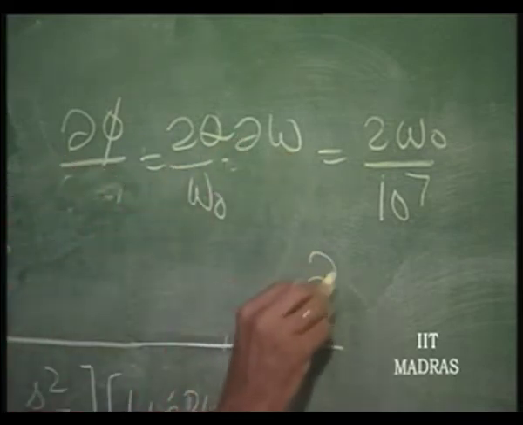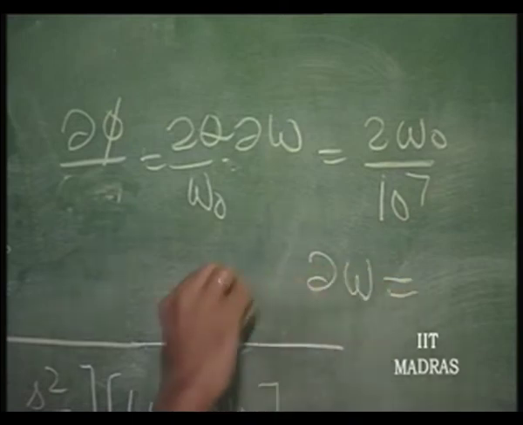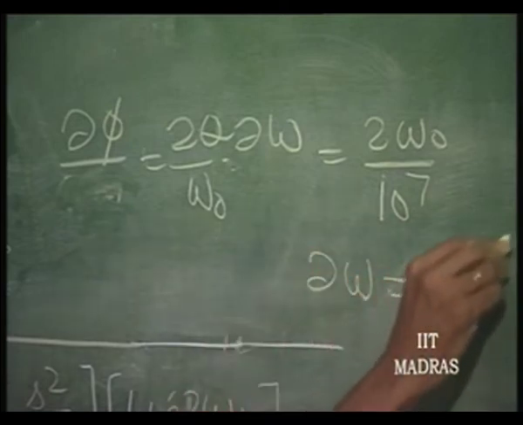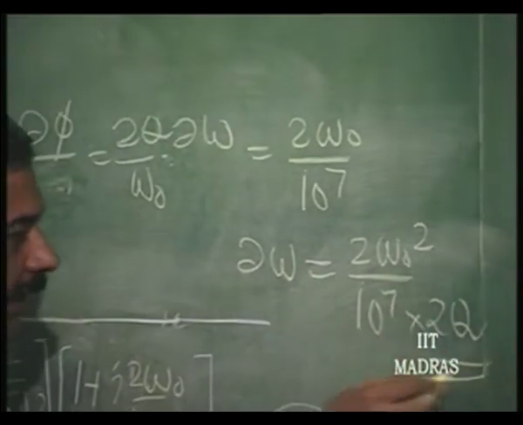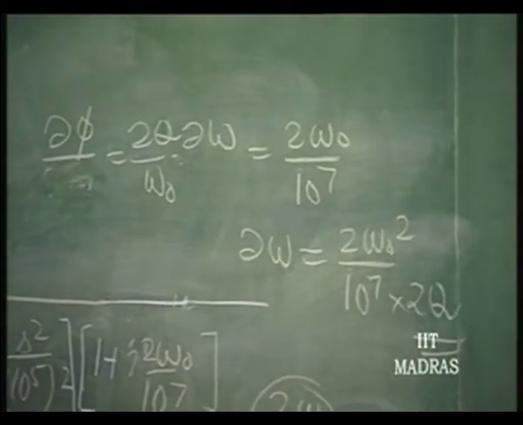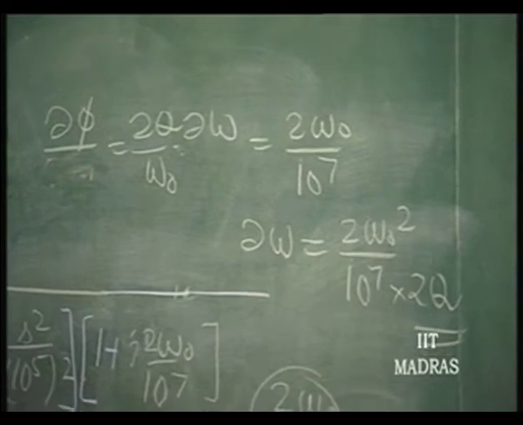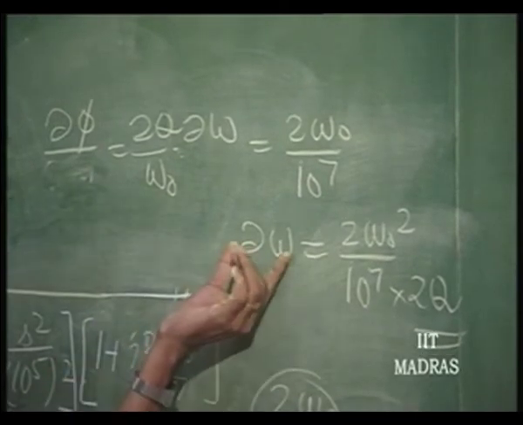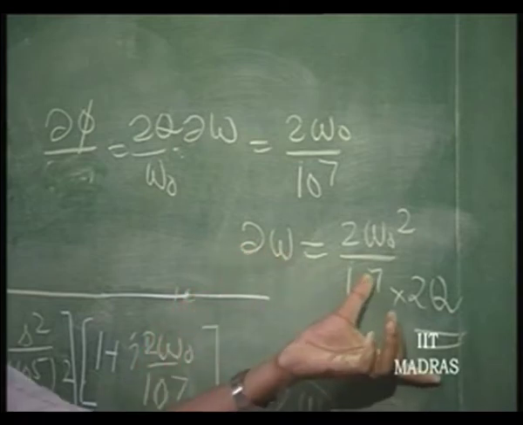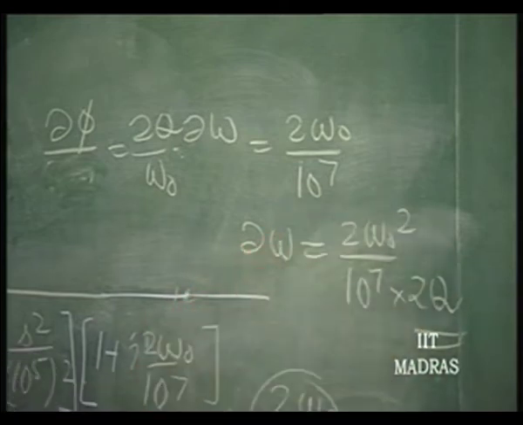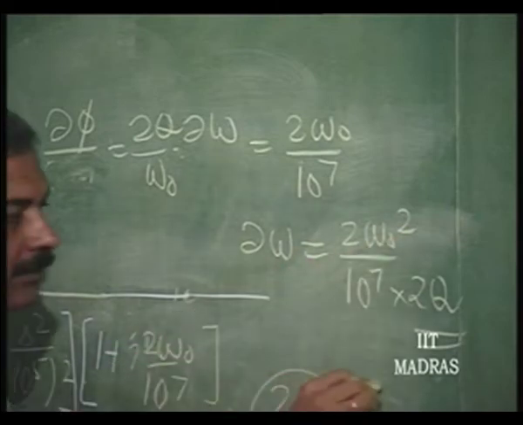That delta omega is given by 2 omega naught squared by 10 to the power 7 divided by 2Q. So, you will see that Q always comes in the denominator, right. So, the delta omega which has to be different now becomes very small.